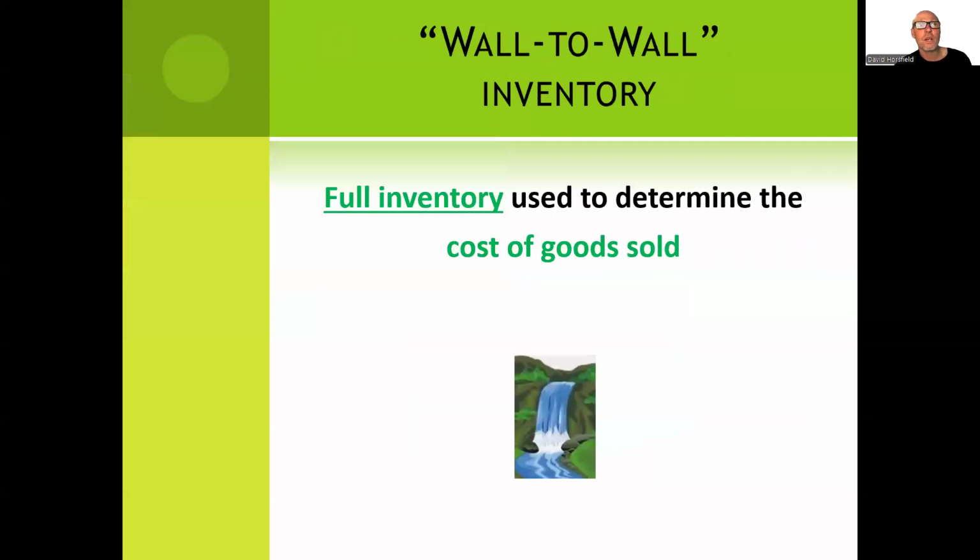Why do we count it? Well, it's obvious. We count it by doing this wall-to-wall full inventory to determine the cost of goods sold. Now, think of a picture of a waterfall. This cost of goods sold process is like a waterfall flowing information, flowing dollar values. It starts in a storeroom, right? And the flow ends up in financial statements.